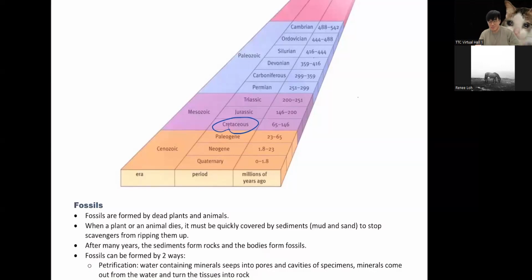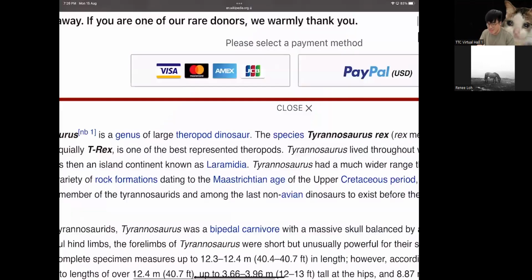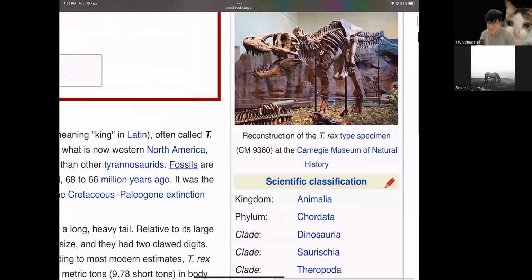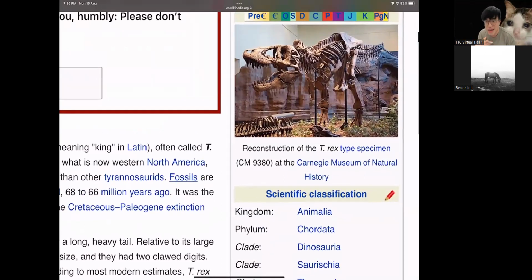And funny story, they say T-Rex is actually closer to the human era than to Stegosaurus.